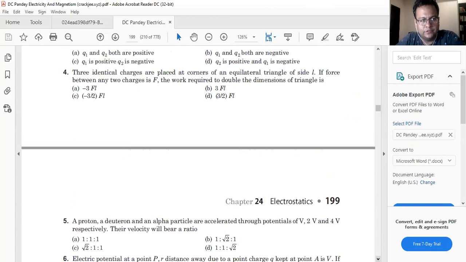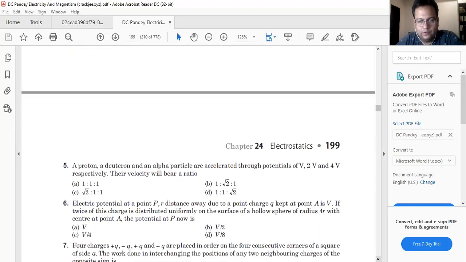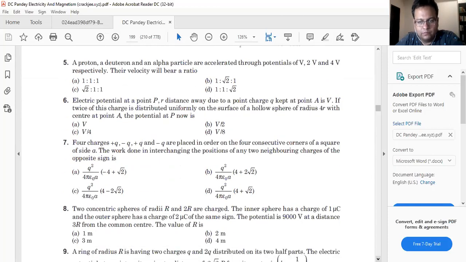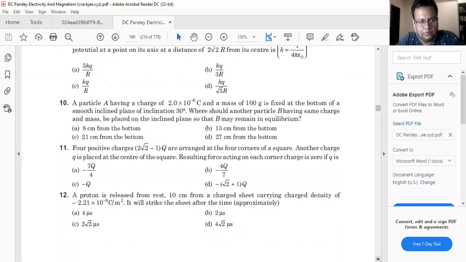First 10 questions, first 5 questions, any doubts? 1 to 5, 6 to 10. No doubts. So number 12. Number 12 is again on the chart sheet. So that'll be next class problem, right? Gauss law में है इसका discussion.